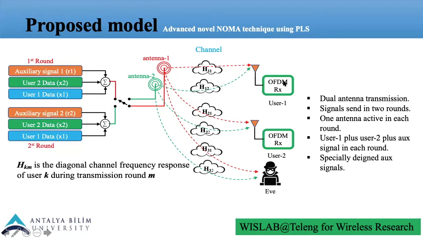For example, user one is able to get the signal intended for user one without doing any processing at the receiver, without doing any decoding. And user two is also able to get the signal intended for user two without any processing, while the eavesdropper is not able to get any information because of the auxiliary signals R1 and R2 that we calculated.